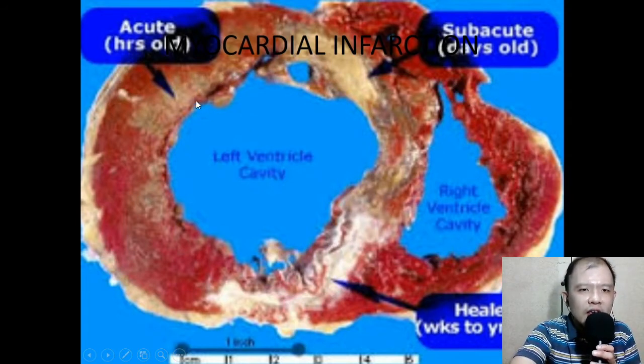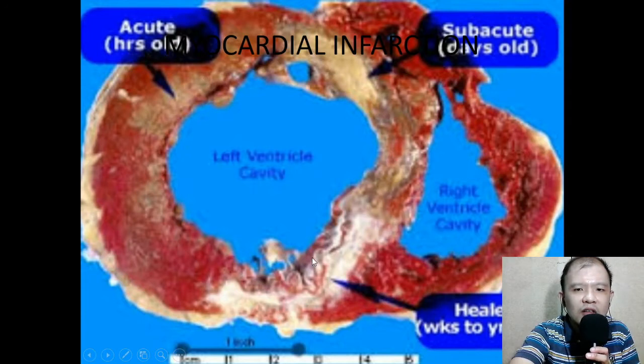Okay, and you see these are being highlighted by a chemical called tetrazolium chloride. Okay, tetrazolium chloride highlights the areas that have the enzyme LDH.